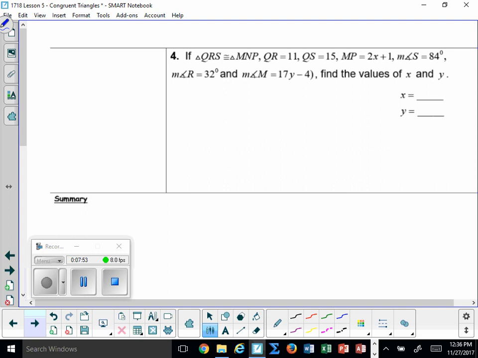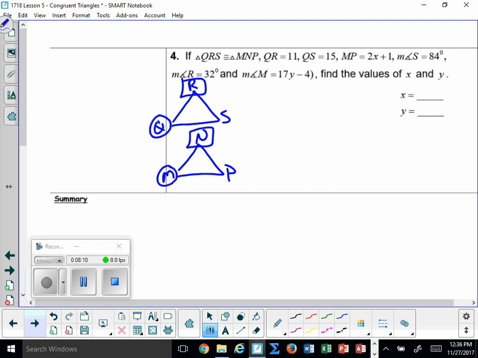Okay, if triangle QRS is congruent to triangle MNP. Alrighty, so you know I want to sketch. QRS, MNP. Okay, QR is 11, QS is 15, MP is 2x plus 1, angle S 84, angle R 32, angle M 17y minus 4.